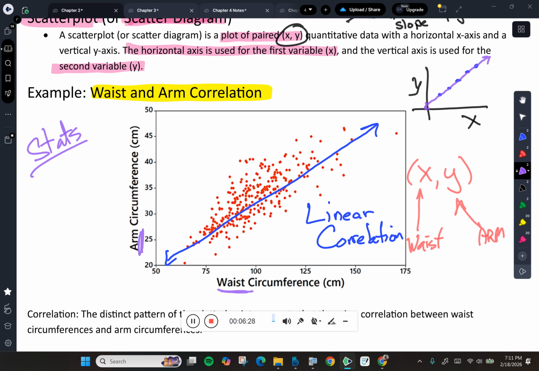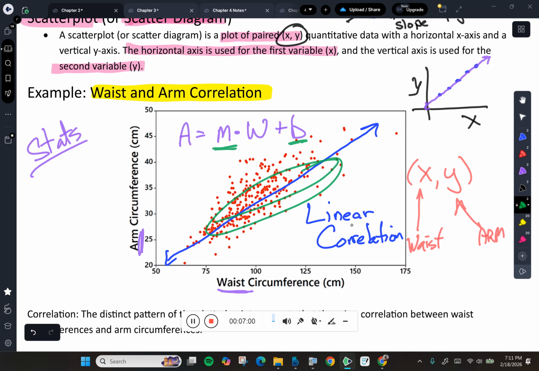And could we come up with some sort of equation where the waist circumference would be used to predict the arm circumference, where I could find some value for m, the slope of this line right here, and I could find some value for b, the y-intercept, or the arm intercept in this case, of this equation, and then you could tell me somebody's waist size.